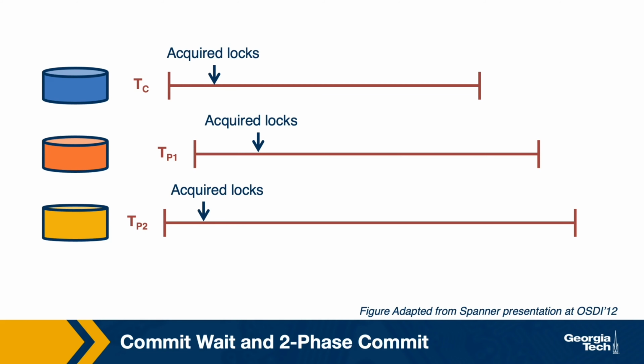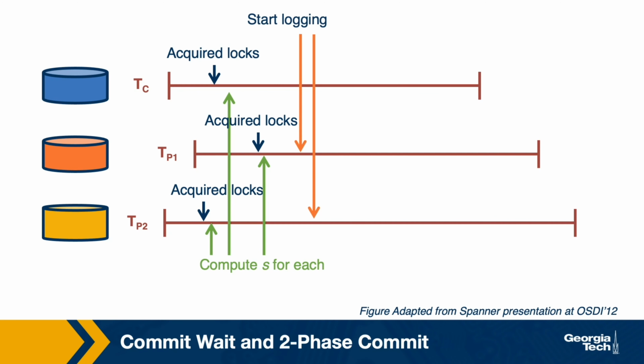To do this, the coordinator starts the transaction, and all the participants acquire the locks that they need and compute their TrueTime timestamp S. The transaction starts executing, and each of the participants logs the updates that they are supposed to perform, and this is what's required by the two-phase commit protocol. This is necessary because at this point, it's not known whether the transaction will commit or abort, so we have to do some sort of logging, right?